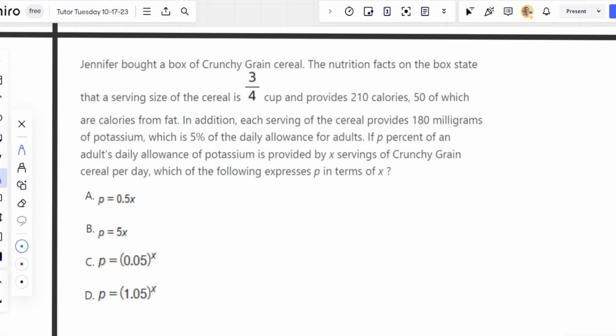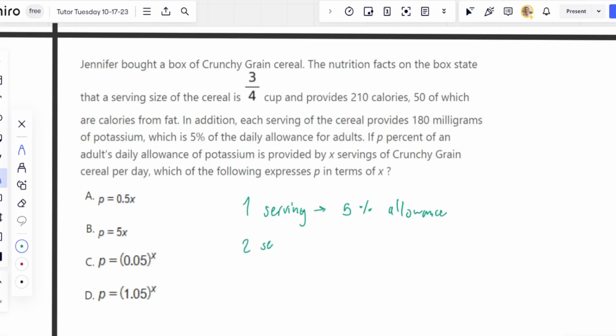First of all, we just need to set this up as an equation. Let me write it this way first so we can figure some of these terms out. In one serving, we have 5% daily allowance provided.